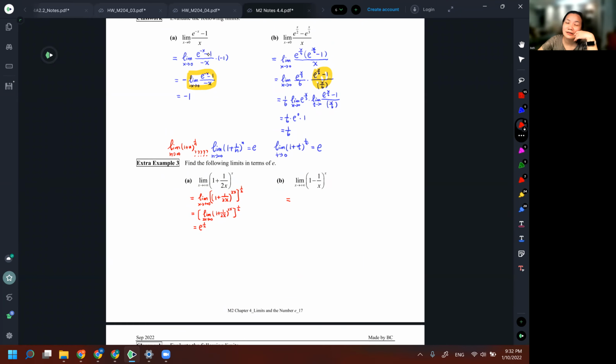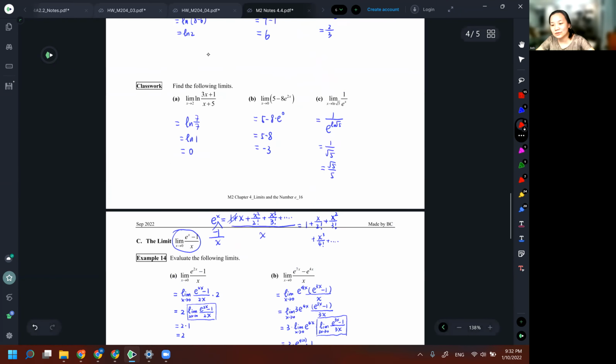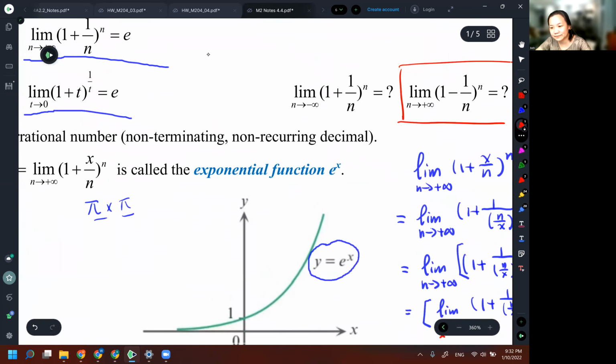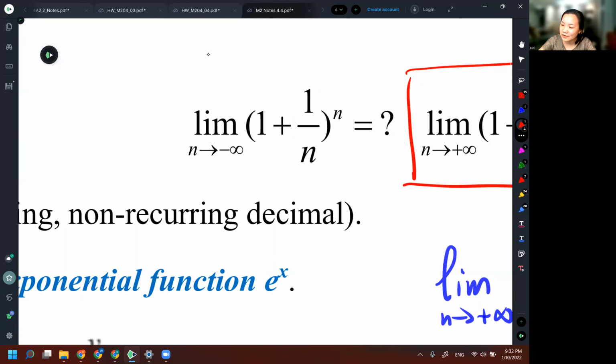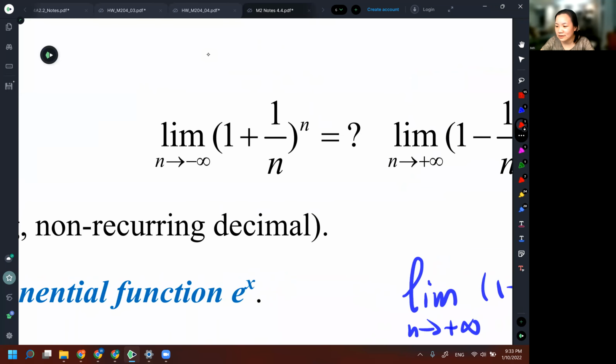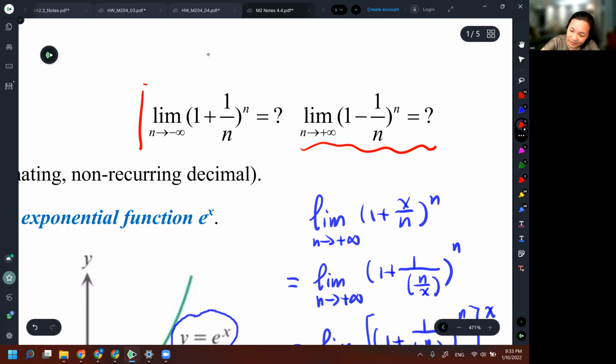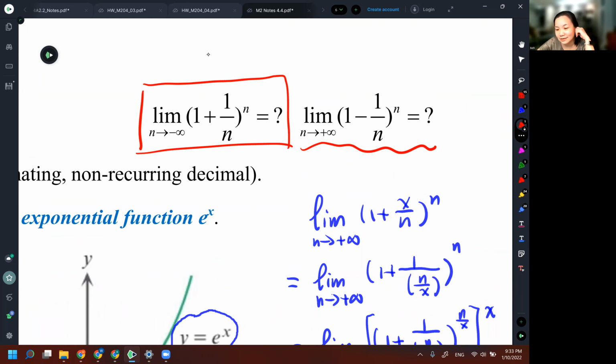Can I do this one? Let's go back to 14. Let's figure out this one first. We already know this is the question. This is the same as the example something, right? Let's figure out this one first. If we figure out this one, maybe we can be better.